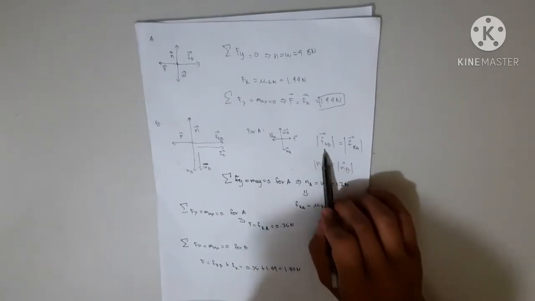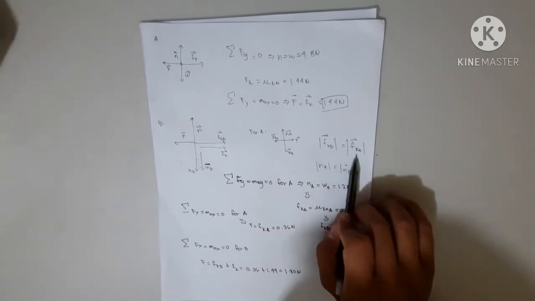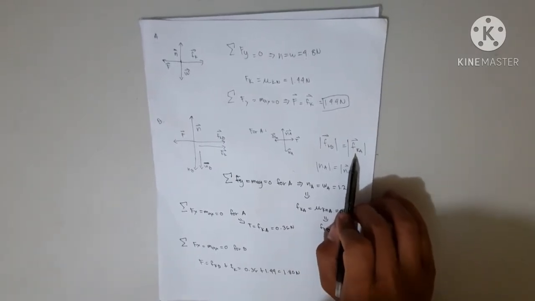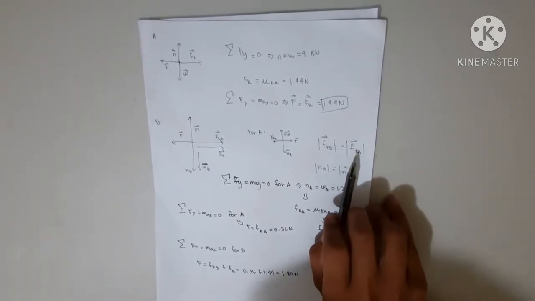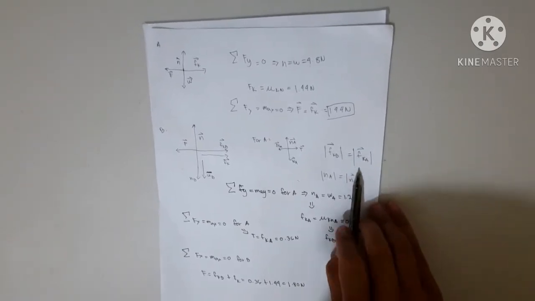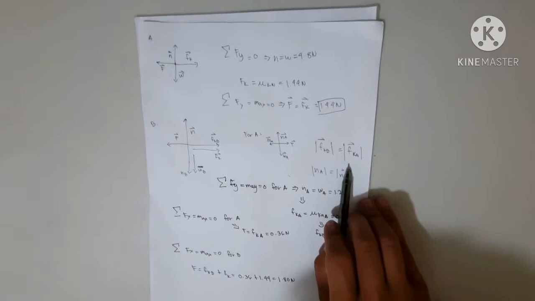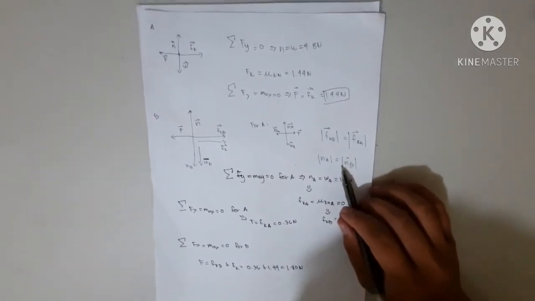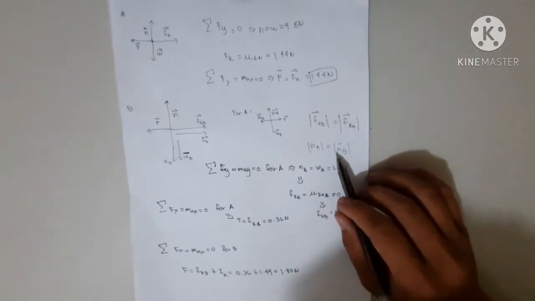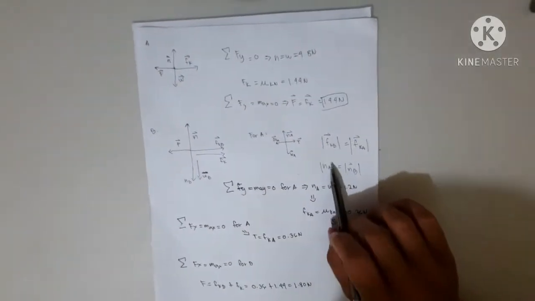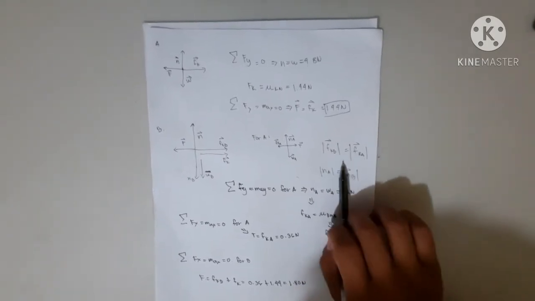So FKB and FKA are actually opposite in direction. So instead of saying the vectors are equivalent, rather they are opposite in direction.